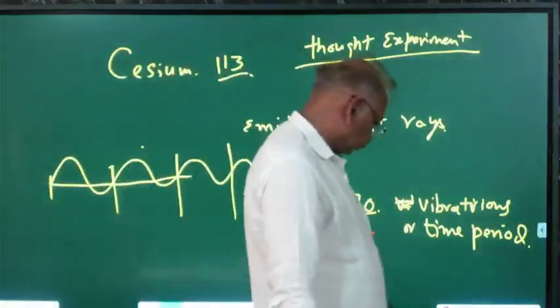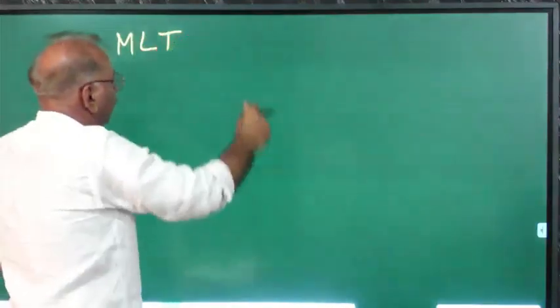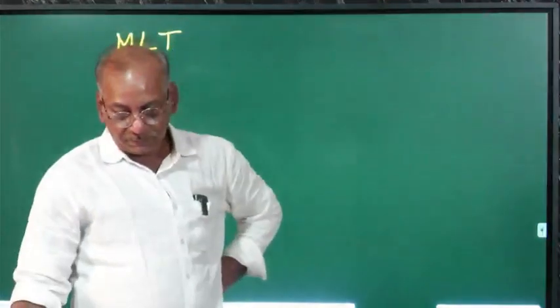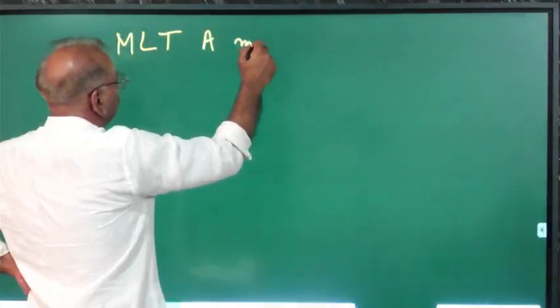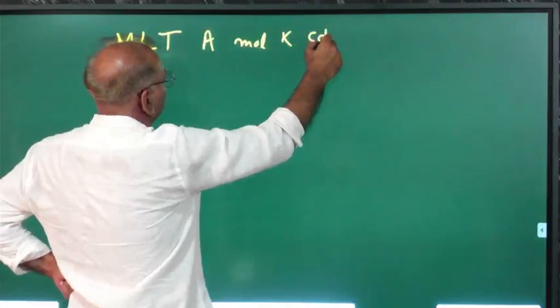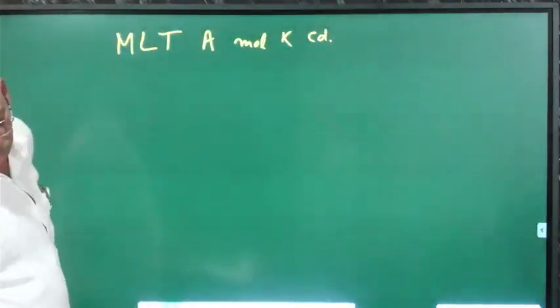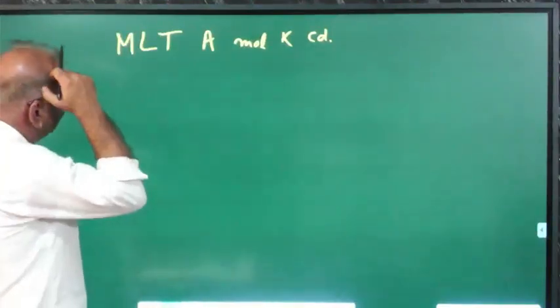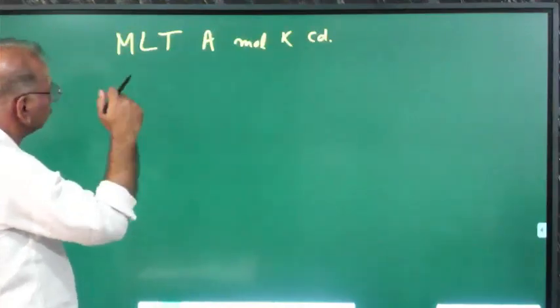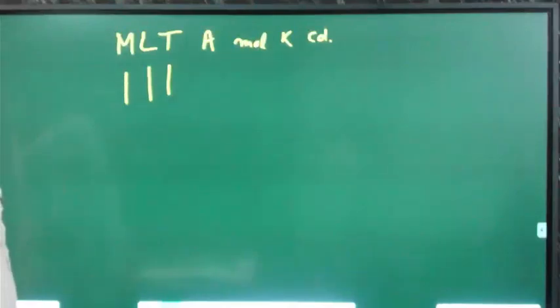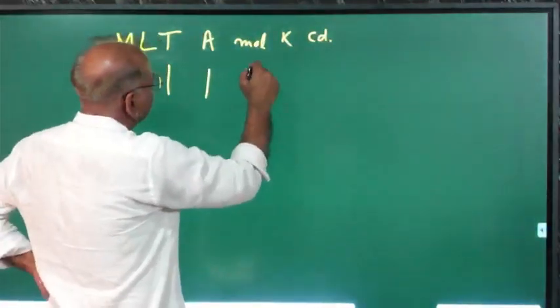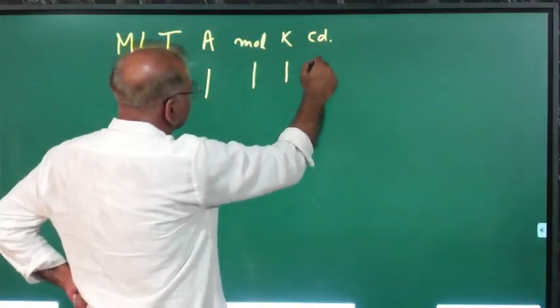Now, uses of dimension. Dimension, you all know: this is mass, this is length, this is time, and this is current, ampere, this is mole, molecular number, and this is temperature, this is light.